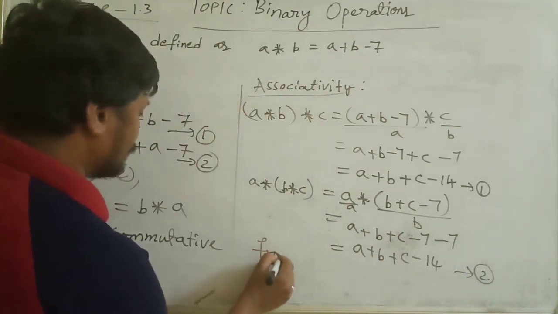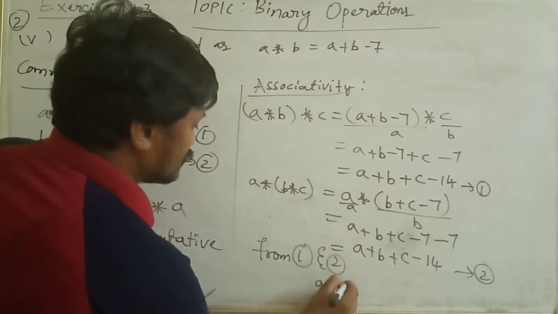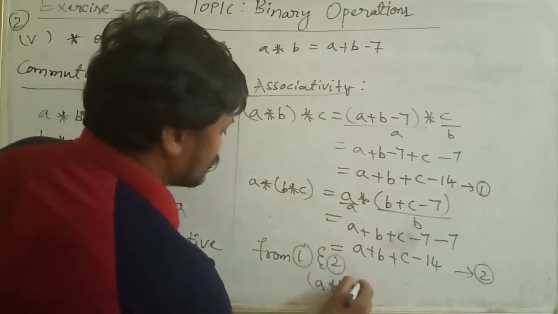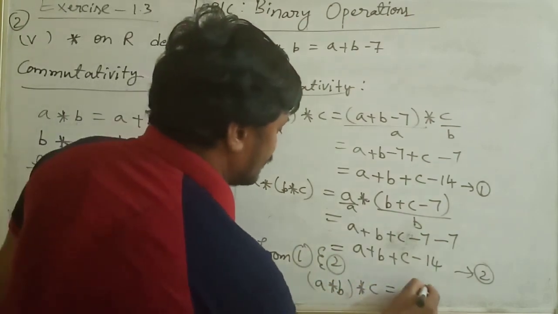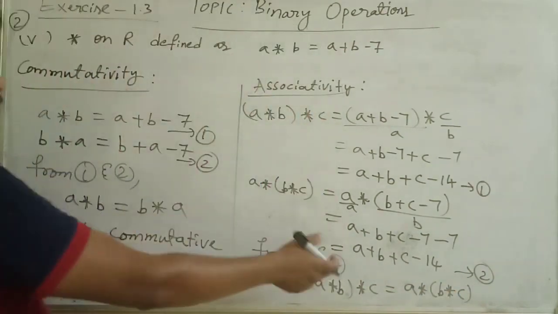So at last we'll write from 1 and 2, A star B star C is equal to A star B star C. It is equal.